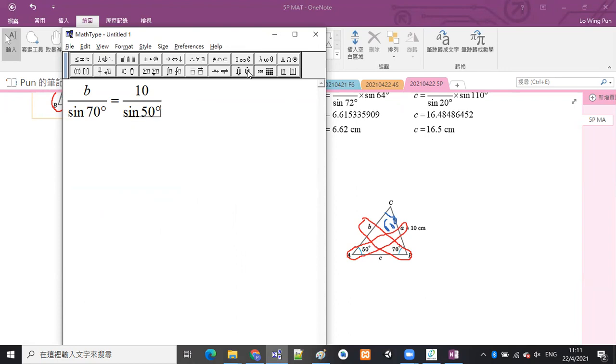So now I want to find the length b, and I just need to multiply sine 70 degrees to the right-hand side. So b is equal to 10 over sine 50 degrees times sine 70 degrees. Okay, and then use the calculator here. 10 divided by sine 50 times sine 70 should be 12.2668157. And when it is correct to 3 SF, it should be 12.3 cm.